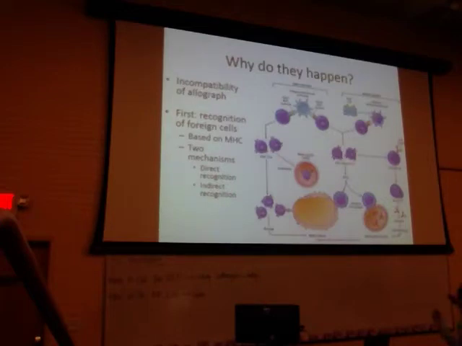Helper T cell stimulates inflammation and or the production of antibodies. Okay? That's the indirect pathway. So both of these pathways are going to lead to destruction of the donated organ, and you don't want that to happen. So what do we do?